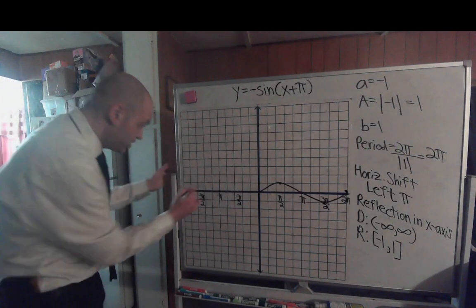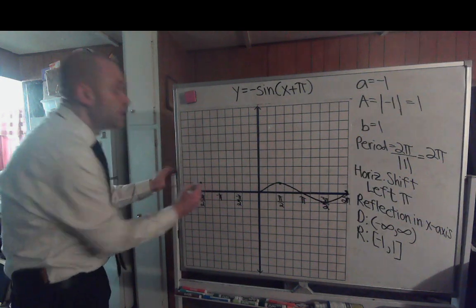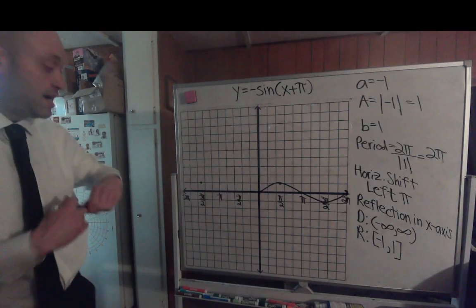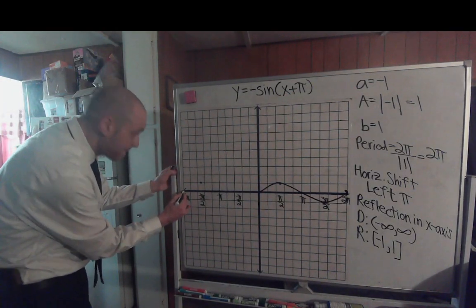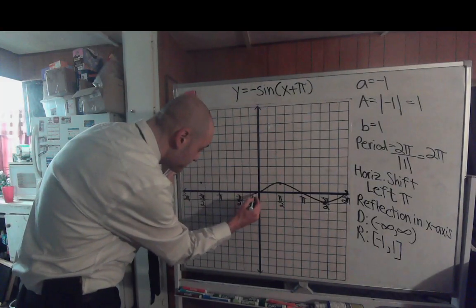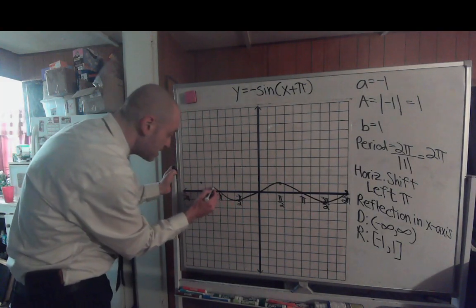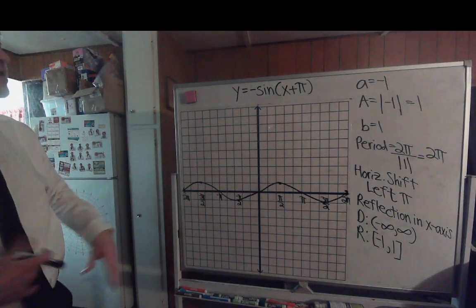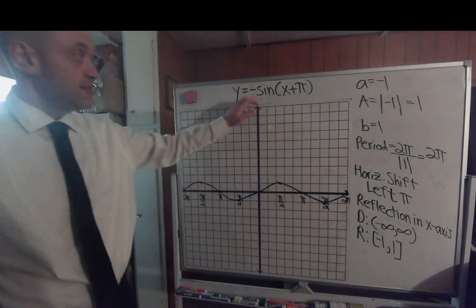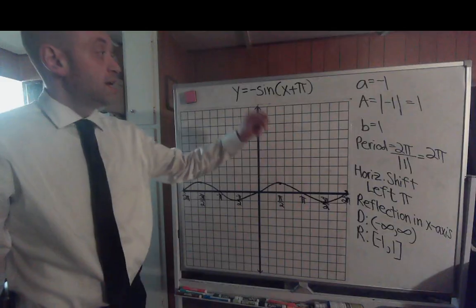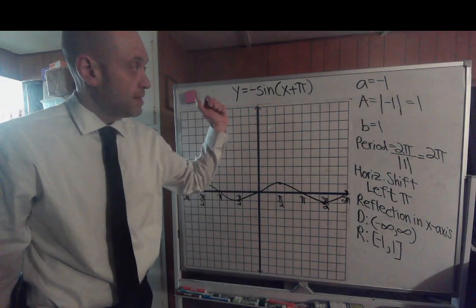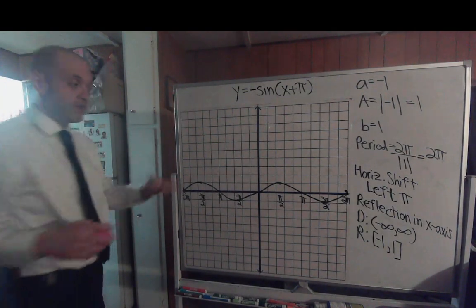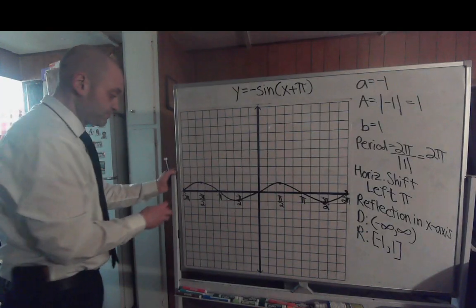Negate the negative 1, you'll get positive 1. Then if I put in negative 2 pi, that would give me the sine of negative pi, which is 0. So there is the graph of my sine function reflected in the x-axis and shifted horizontally to the left pi units. Very interesting graph there.